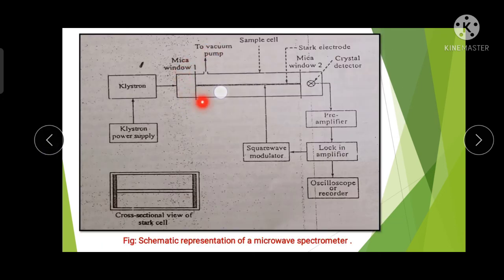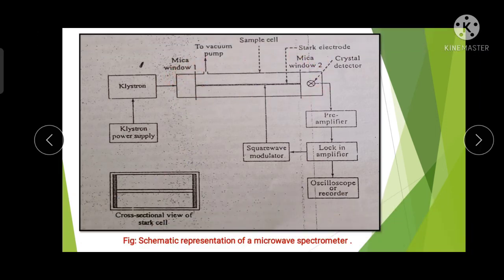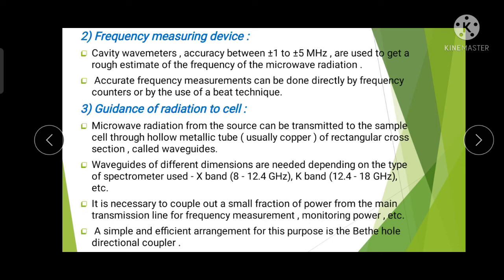This total arrangement is the sample cell. Here we have the Stark electrode, here mica window 1, here mica window 2, and this is the total sample cell, in which we can place the sample.